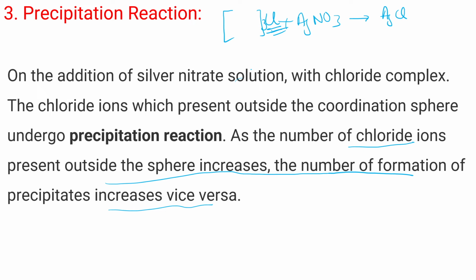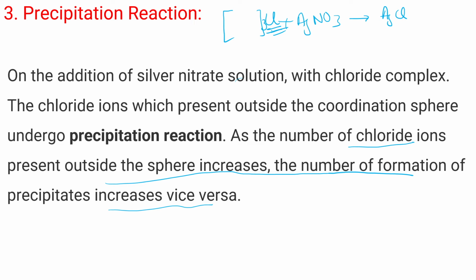Now you can say that by cryoscopic measurement, that is the depression in freezing point, which depends upon the number of ions or molecules, by electrical conductance, which again depends upon the movement of ions, and by the precipitation reaction, where he calculated the number of silver chloride precipitates, he concluded the composition of the metal complexes, that is, how many chloride ions are inside the coordination sphere and how many are outside.